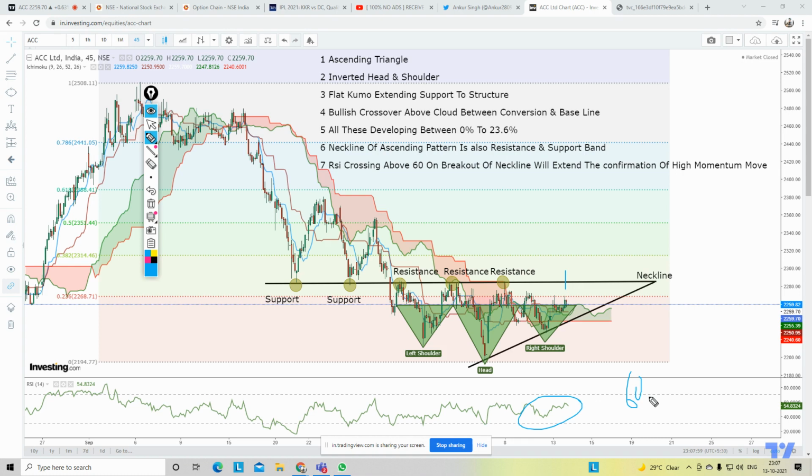It means if ACC is breaking the neckline with all the factors which I have mentioned and discussed, and there is an RSI moving above 60, or during that time it is crossing 60, it will add an extension, that yes, the momentum will be high.